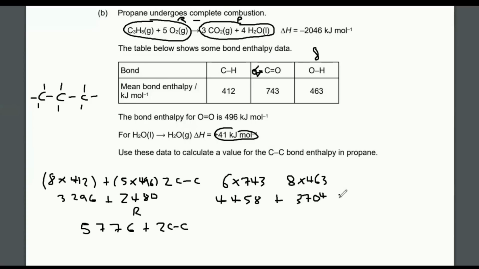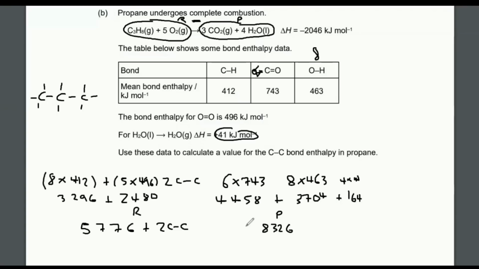So I'm going to do plus 4 times 41, and that gives me 164. We smash all of those together, and our products total is going to be 8326.